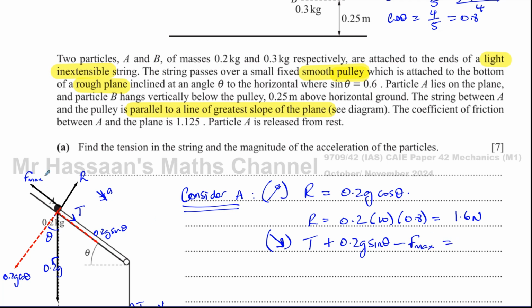Now it's accelerating down the plane, so we're using the resultant force is equal to the mass times acceleration. So we've got the mass of the object going down the plane, which is 0.2, times the acceleration, a, which is one of the things we have to find. So we've got to find the tension and we've got to find the acceleration.